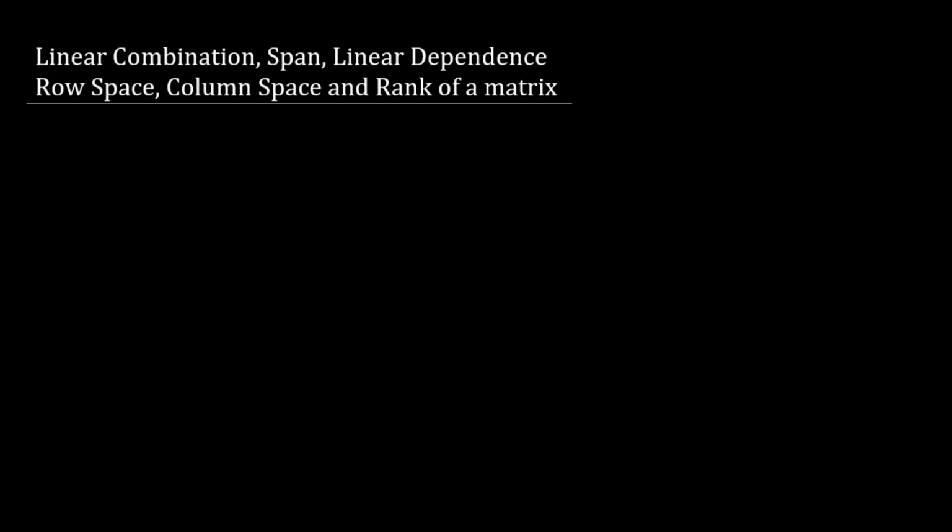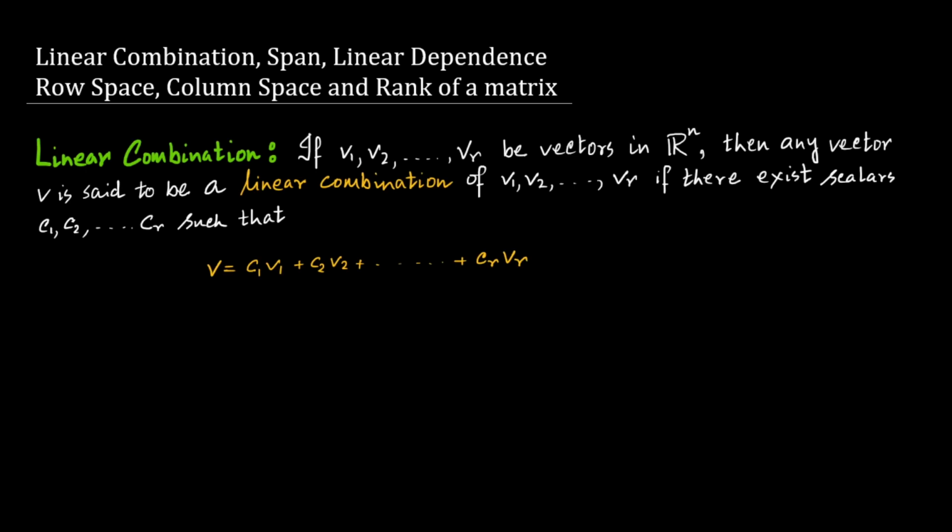Let us start with the definition of linear combination. If v1, v2, etc. vr be r vectors in Rn, then any vector v is said to be a linear combination of these r vectors v1, v2, etc. vr if there exist r scalars, means constants, say c1, c2, etc. cr, such that this v can be written as c1 v1 plus c2 v2 plus etc. plus cr vr.